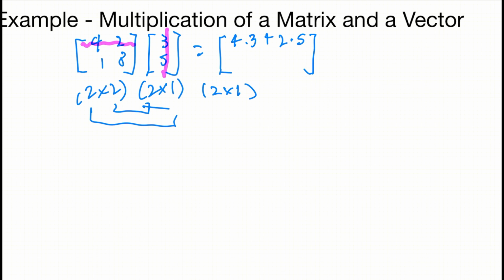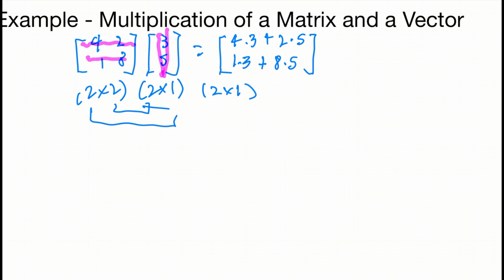Now to get our second element, we're going to have 2 rows and 1 column. So this is going to be row 2 times that same column again to get our second element. That's going to be 1 times 3 plus 8 times 5.